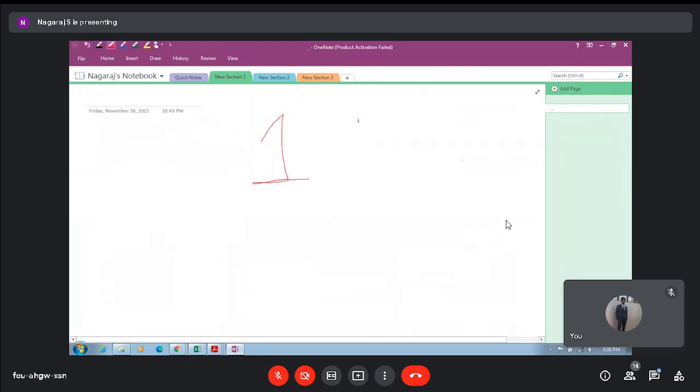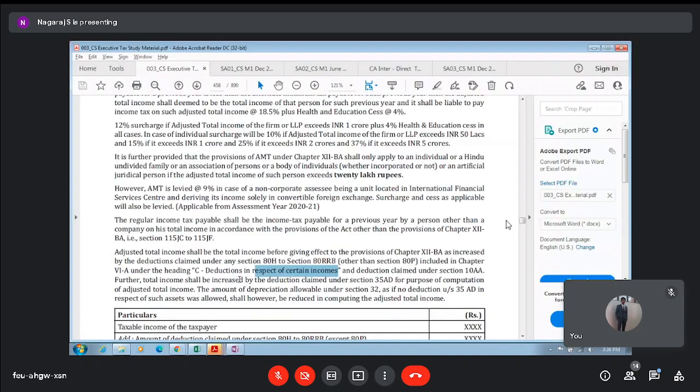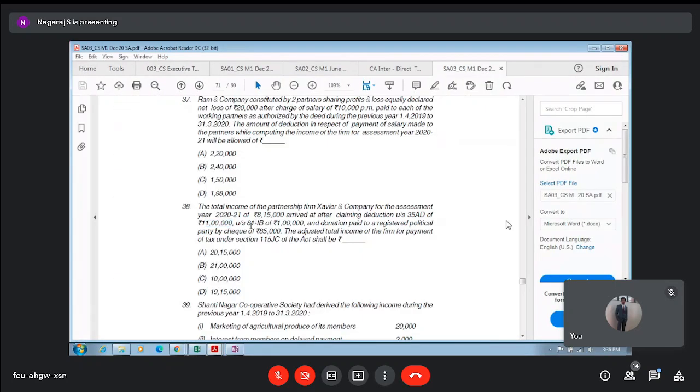For I, they have written like this. This is I, this is 1. If you see properly, 1 is written the way I have written, with a straight line. That is I. There is no 1B deduction. Okay, it is IB.